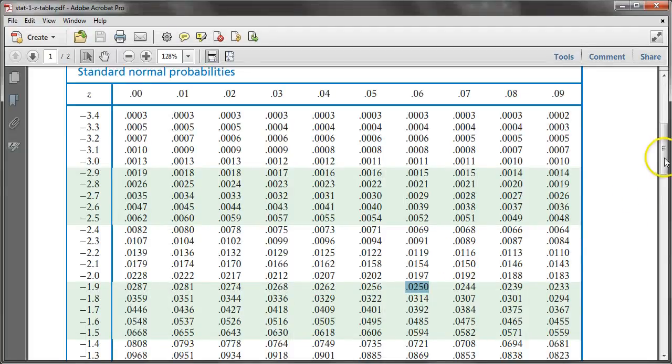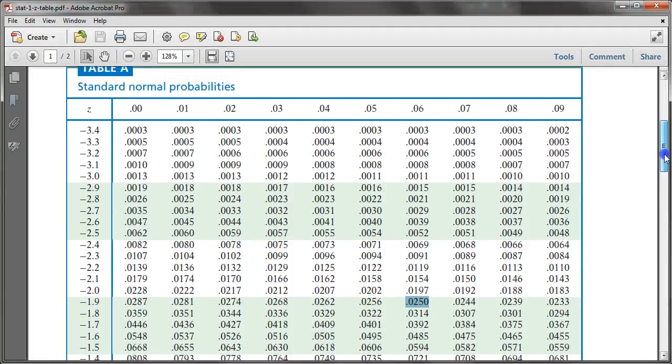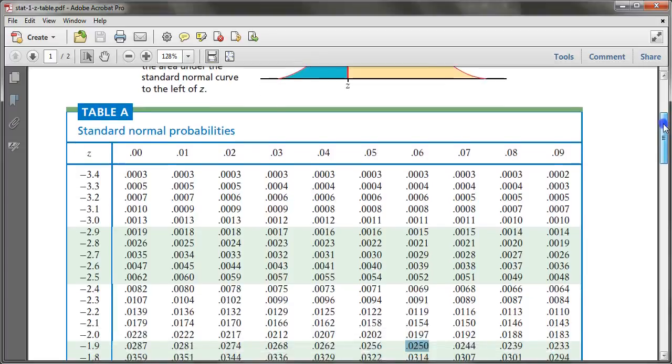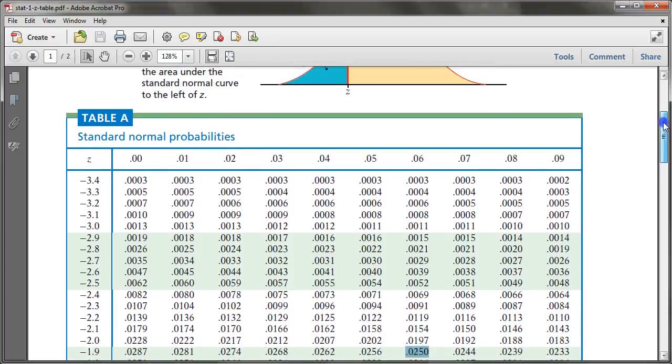Here's a z-table, and we need this blue area to be 1%. So where is it? I think we have it here, around here.